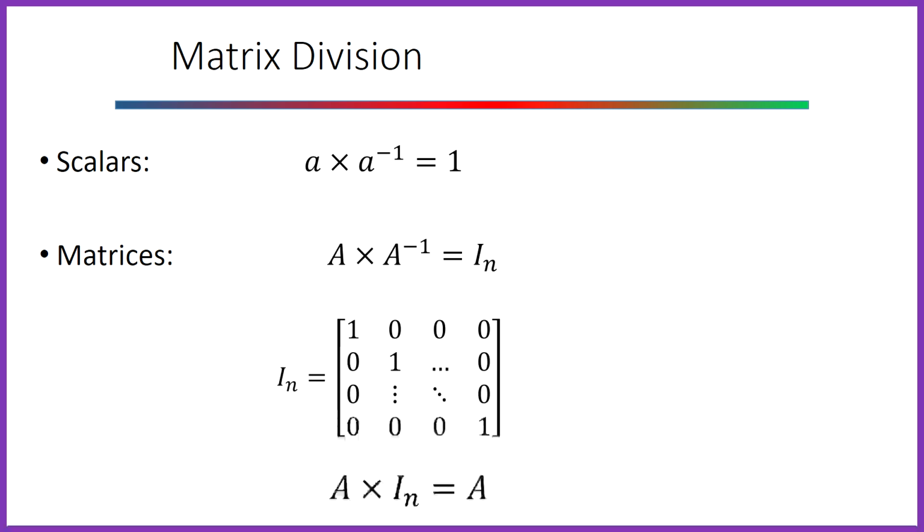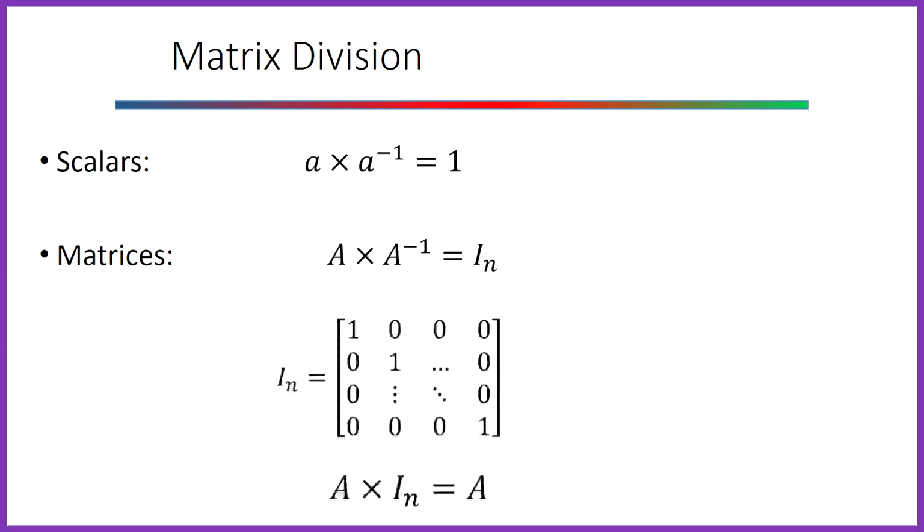It is similar to saying that the scalar a times its reciprocal is equal to 1, because 1 is really the multiplicative identity for scalar values, while the identity matrix is the multiplicative identity for matrices. Hopefully you can start to see where we're going with this. If we can find that inverse matrix, then multiplication by the inverse matrix is how we will define matrix division.